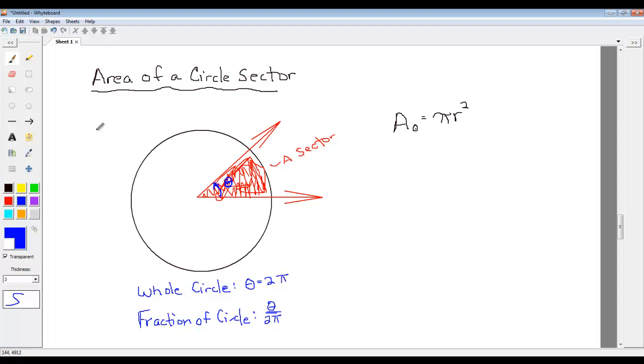So when we're doing the area of the sector, we're still going to use pi r squared because that finds the area of the whole circle, but we're only interested in a fraction of the circle, a part of it, and the fraction that we're dealing with is theta over 2 pi. Whatever our theta is, assuming it's in radians, out of 2 pi total radians in the circle. You do a little algebraic simplification.